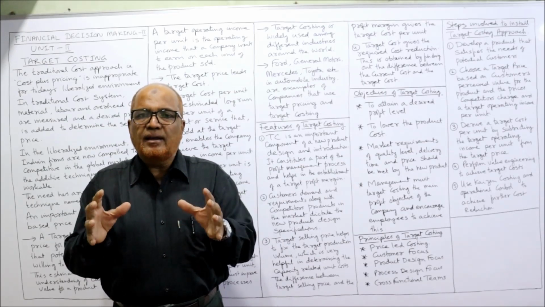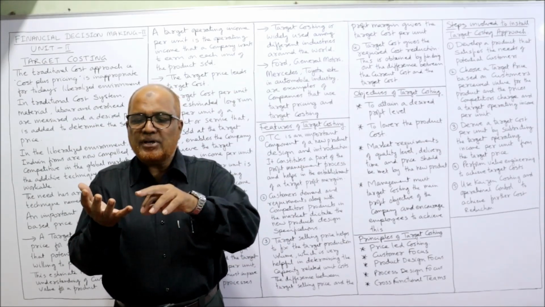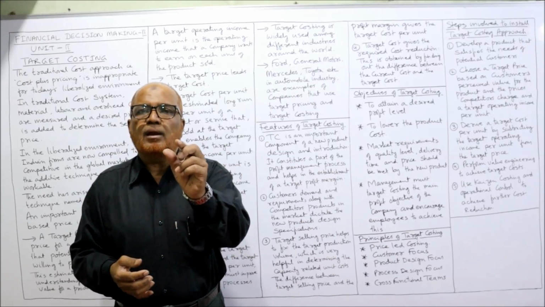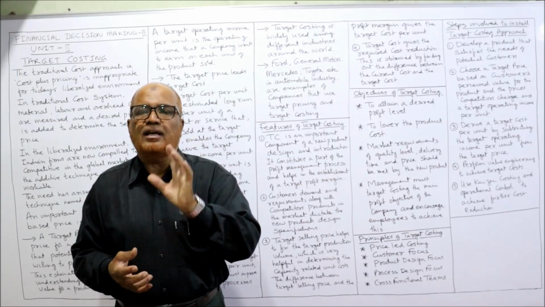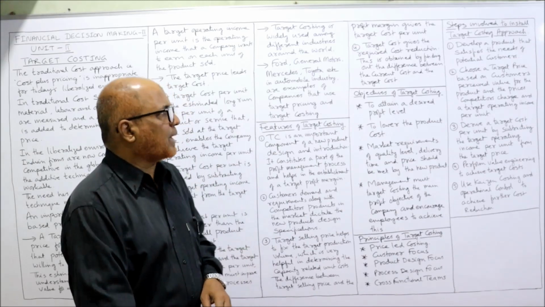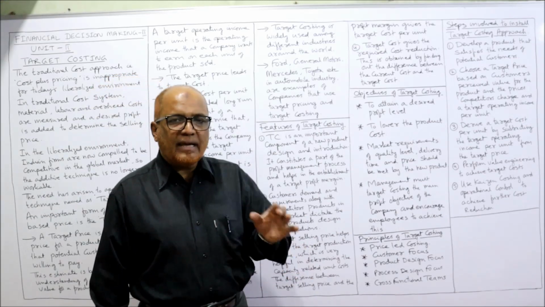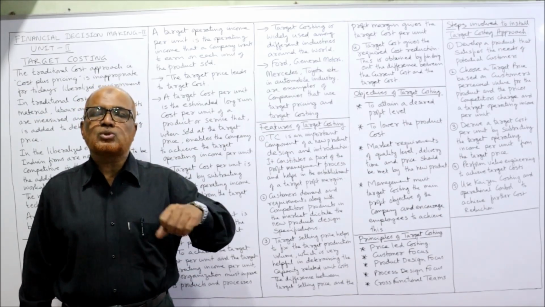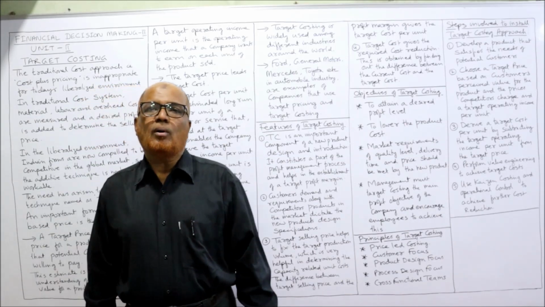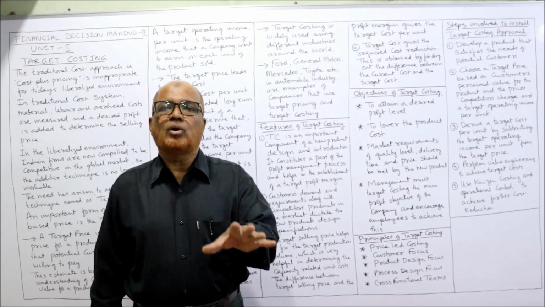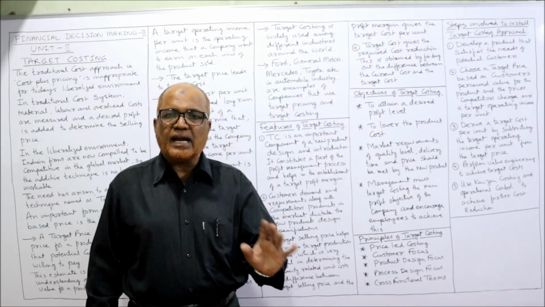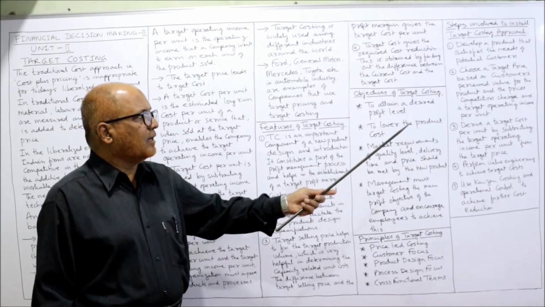So by considering all these, customers' willingness to pay and competitors' price, we can finally find the target price. And once we get the target price, now the company has to decide how much operating income we want to earn. Because first we decide the price, second we have to decide about the income.